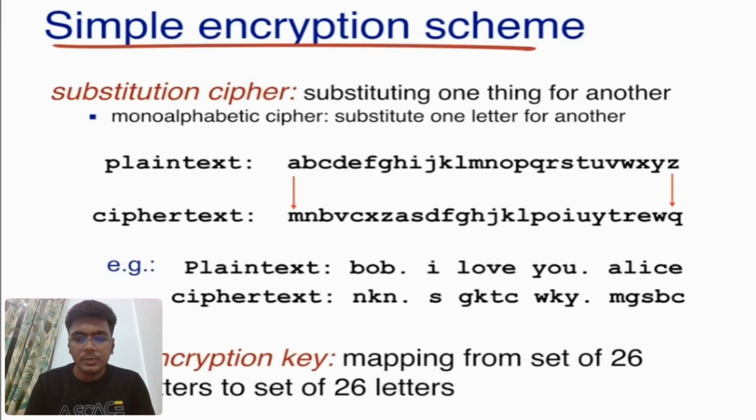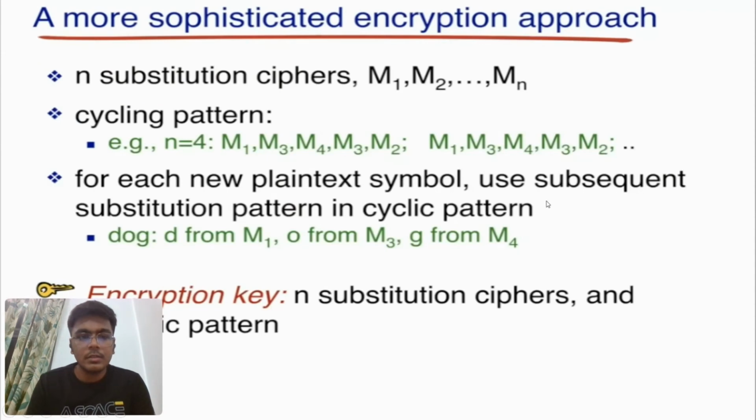So this was the example of symmetric key cryptography. And here's another example. In this, instead of substituting whole alphabets like the 26 alphabet, we can substitute an alphabet with M1, M2, and M3. For example, for dog, we have substituted D for M1, O for M3, and G for M4.